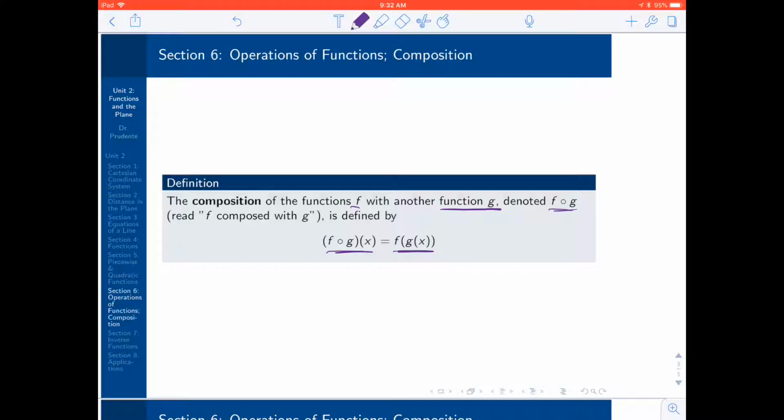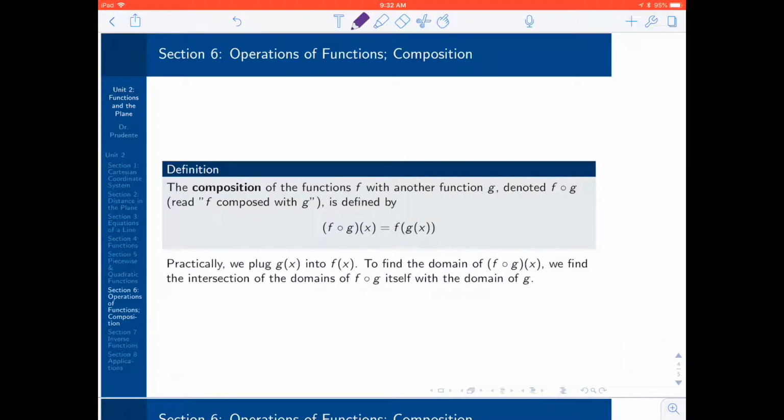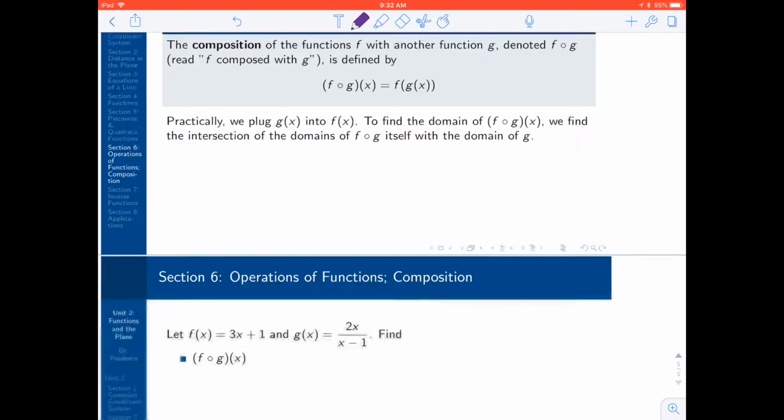We've spoken about this before when we did section 4 about function notation. F of g of x will quite literally be taking the instances of x in the function f and replacing it with the entire function of g. That's exactly what we want to do.